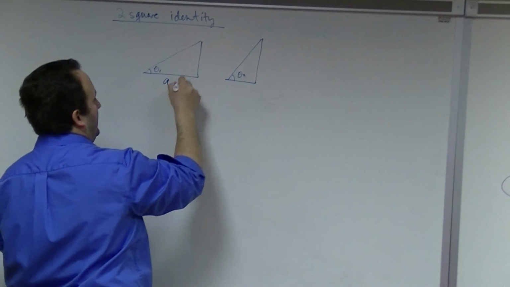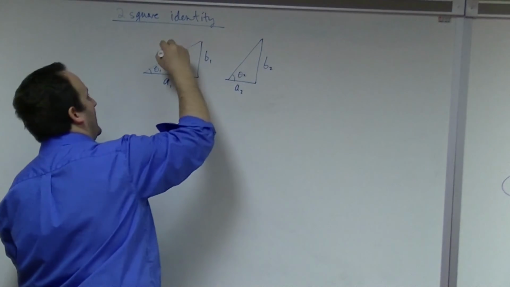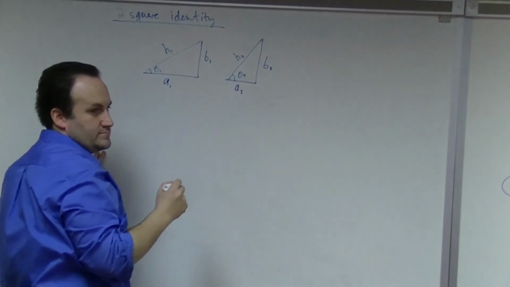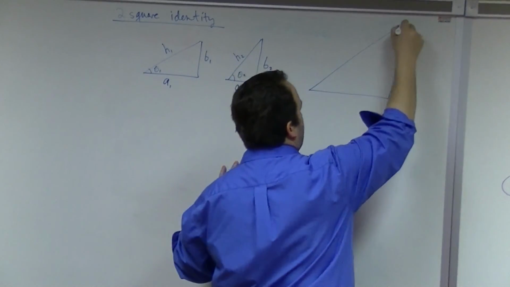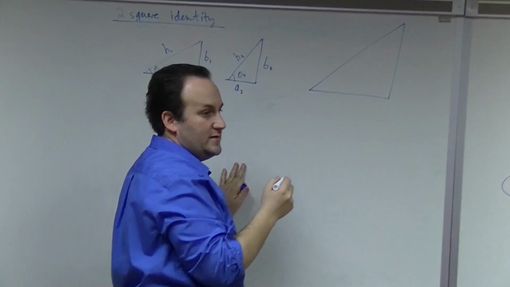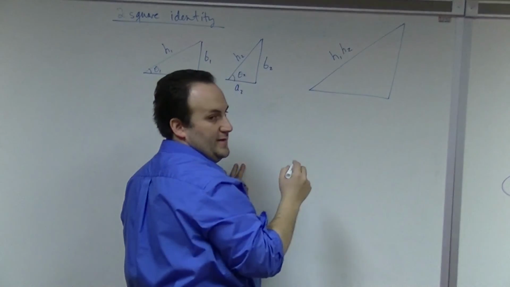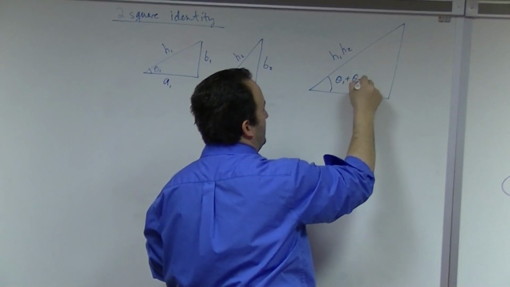You've got A1, B1, A2, B2, and hypotenuse 1, hypotenuse 2. Then the two-square identity says that there's another triangle that you can construct, also with integer sides, where the hypotenuse is the product of the hypotenuses. The angle of the new triangle, by the way, is the sum of the angles of the old triangles.